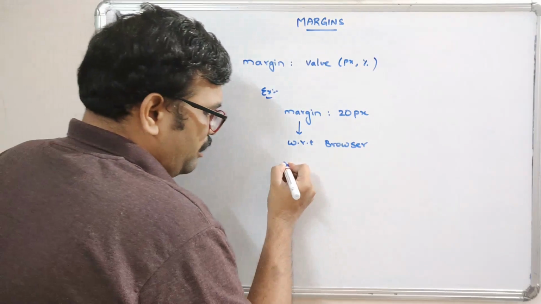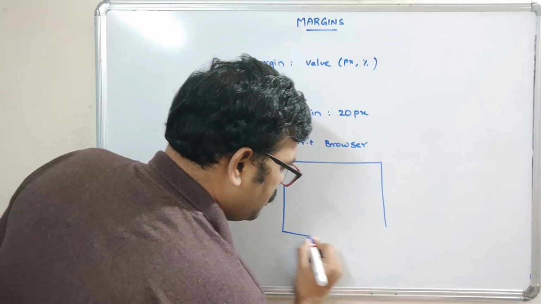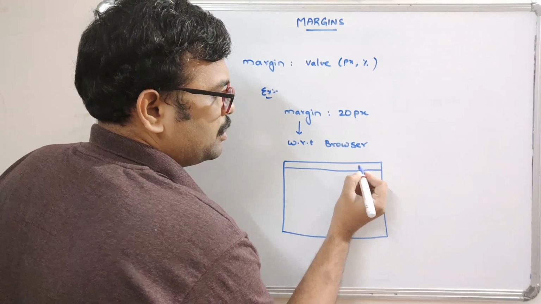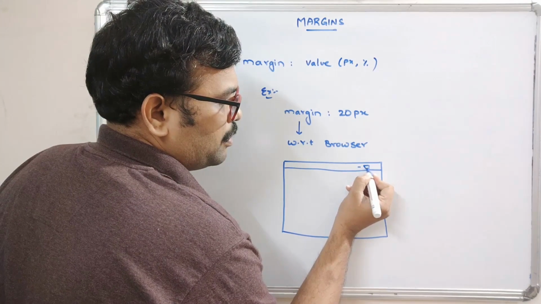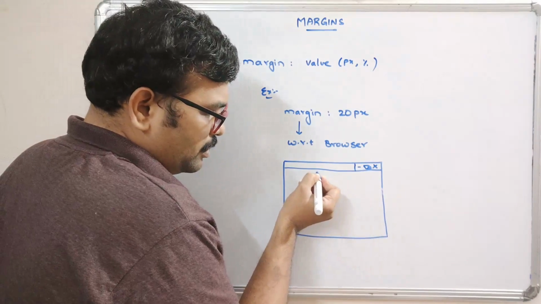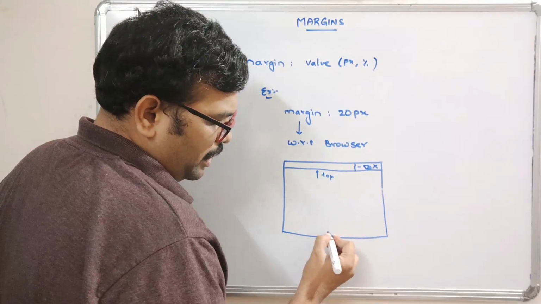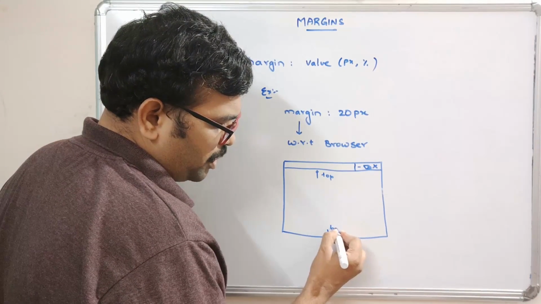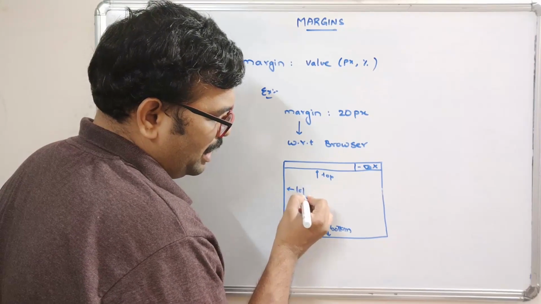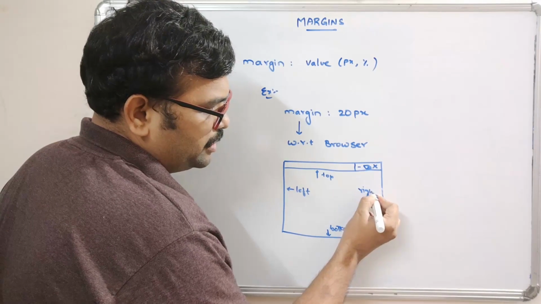Okay, so if this is the browser, this margin is called the top margin and this margin is called the bottom margin, and this margin is the left margin and this margin is the right margin.